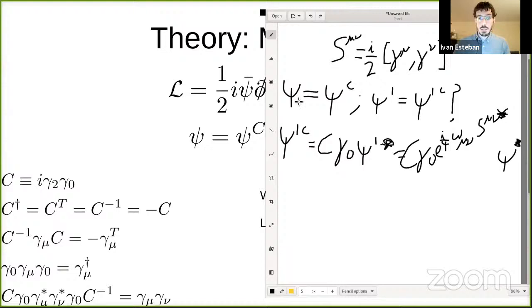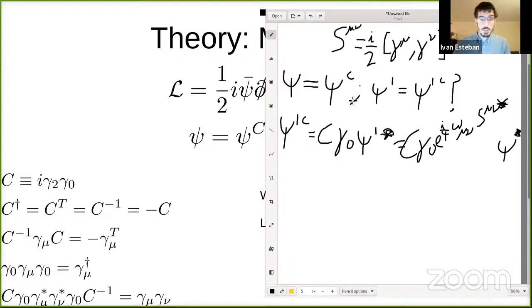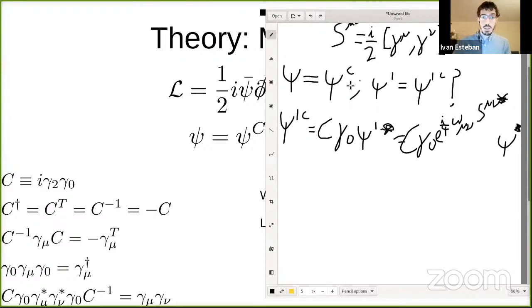So if the field is its own self-conjugate, then from this expression, just by writing the charge conjugate of a field, we get that psi complex conjugate is gamma 0 C to the minus 1 times psi.